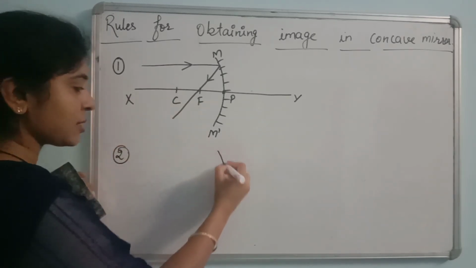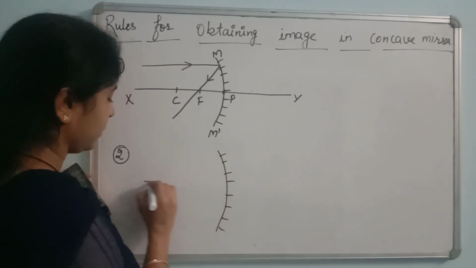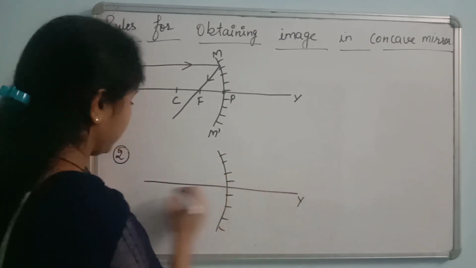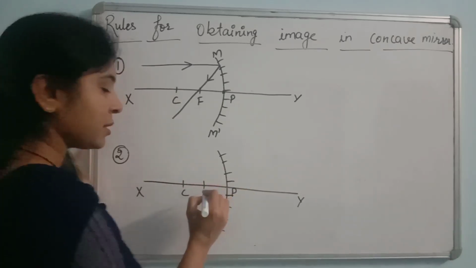Second rule is just opposite to that, as we are drawing this pole, center and focus.